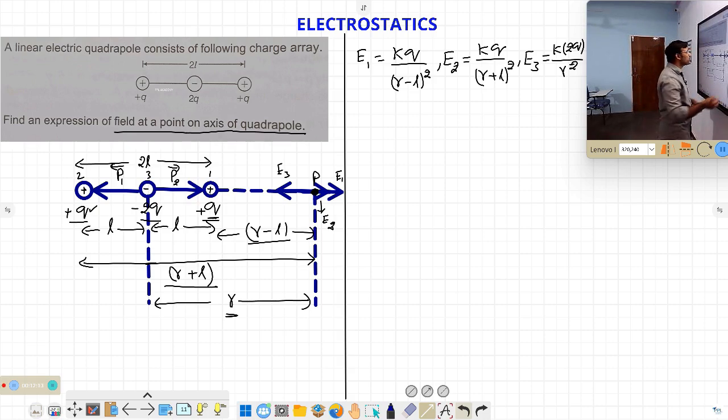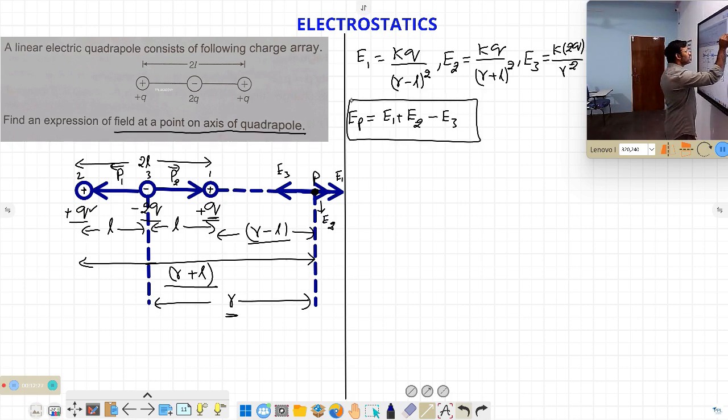Now, what is the net electric field? Two positive charges are there, so the electric field intensity at that point, the net electric field, I can write as E1 plus E2, both acting in the same direction, minus E3. Now you have to take that concept of equations and solve it. So EP is equal to, common terms, kQ. E1, E2, E3, what is common? This is kQ.